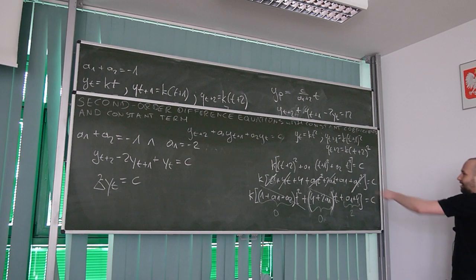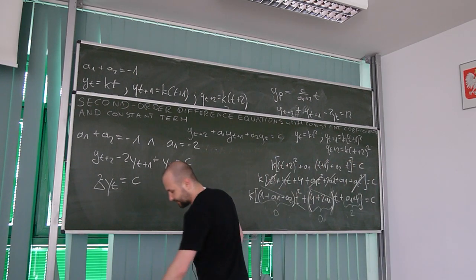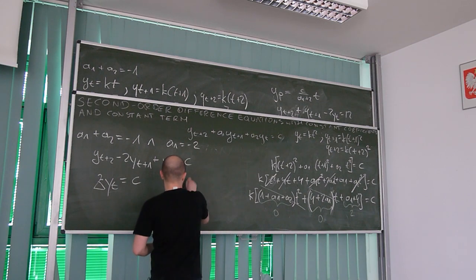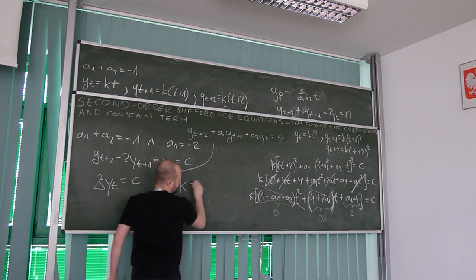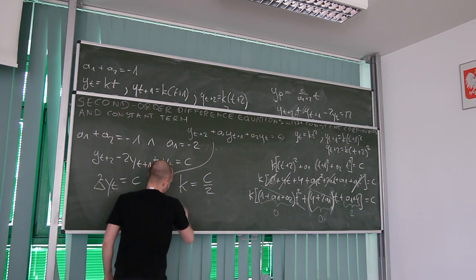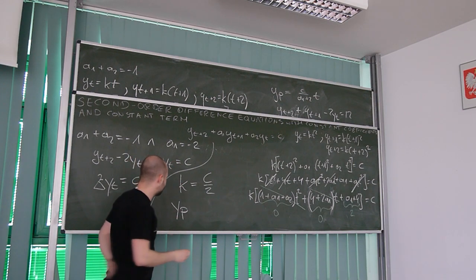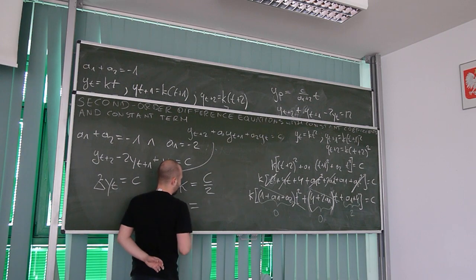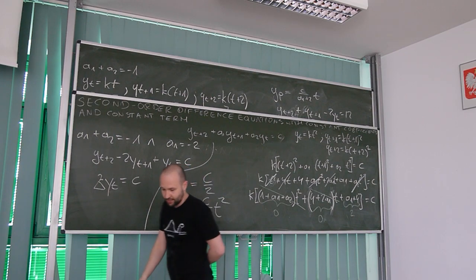So, out of this, we can easily calculate that k is equal to c over 2, and the particular solution we wanted to find is c over 2 t squared.